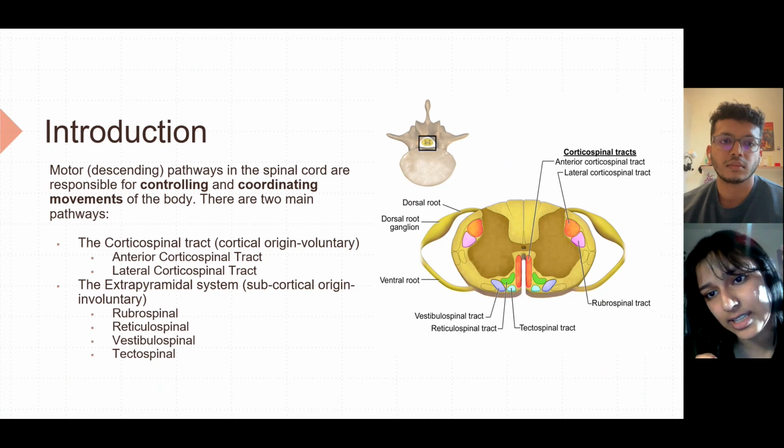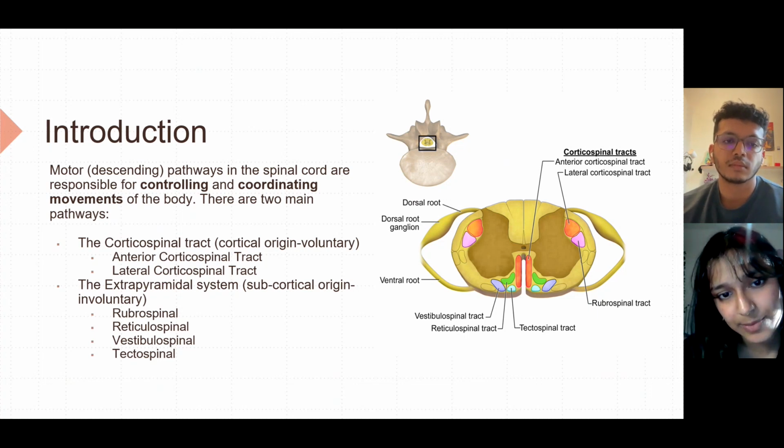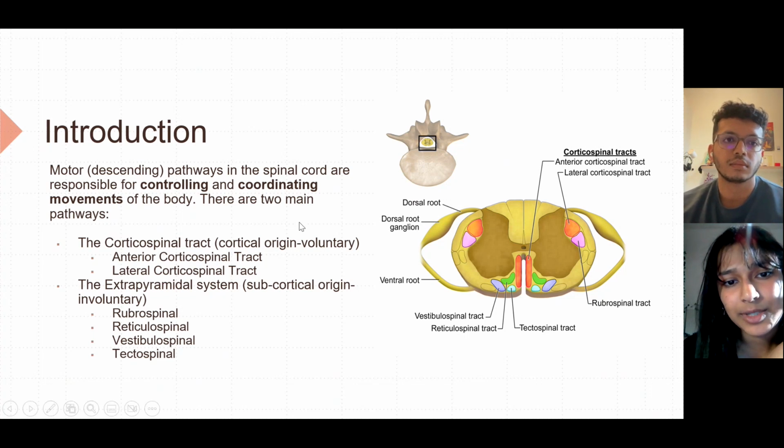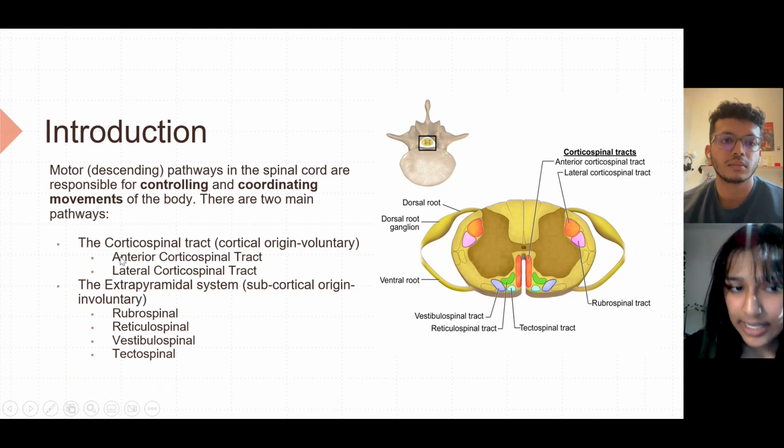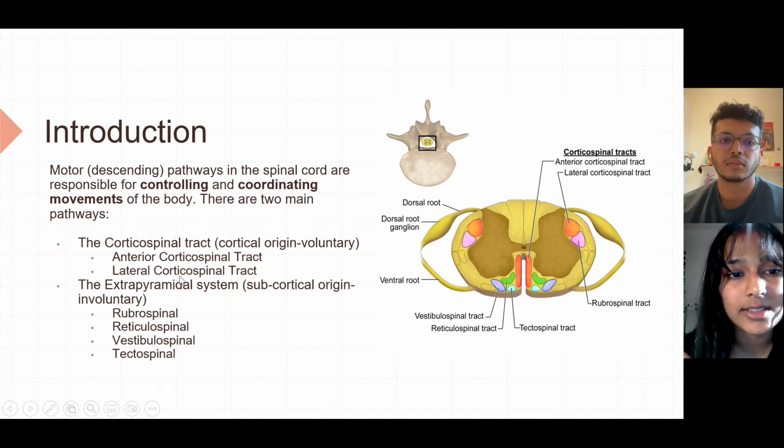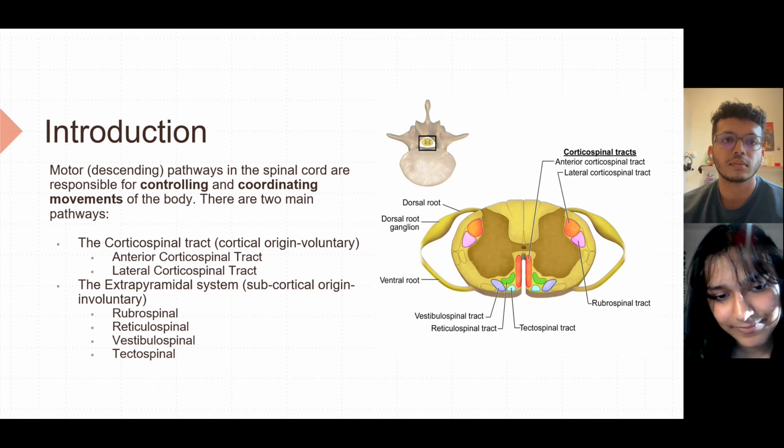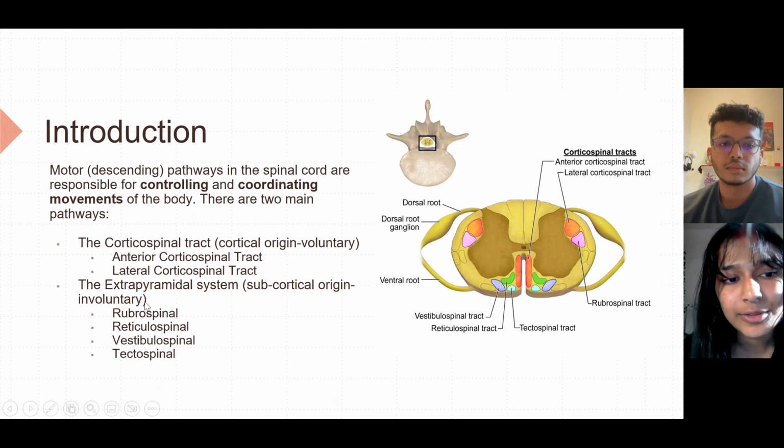Corticospinal originates in the cortex, and the extrapyramidal system is subcortical. You need to remember that this one is voluntary and this one's involuntary. The two types of corticospinal ones are anterior and lateral. This is just how they split. I'll talk about it in more detail later on. And there are 4 extrapyramidal ones.